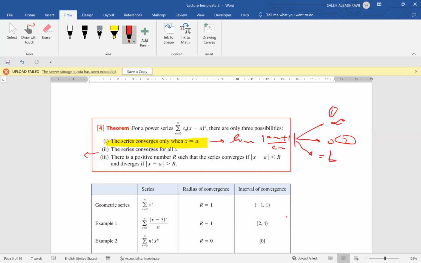And the third case, if the limit of the ratio test is equal to some finite number L, then x minus a will be less than r. And the divergence will be when x minus a is greater than r.